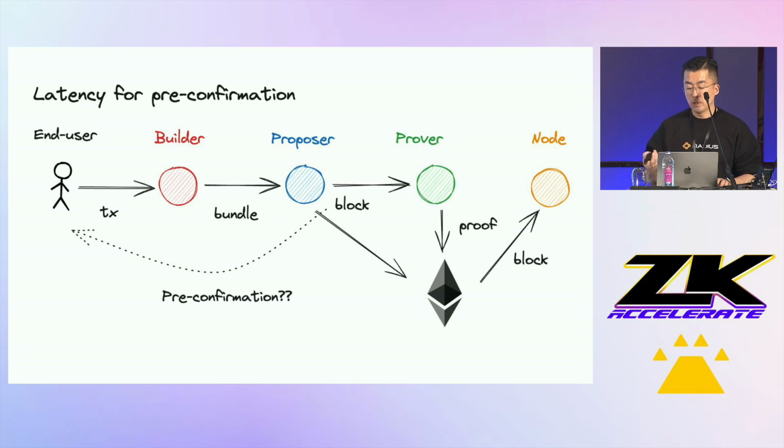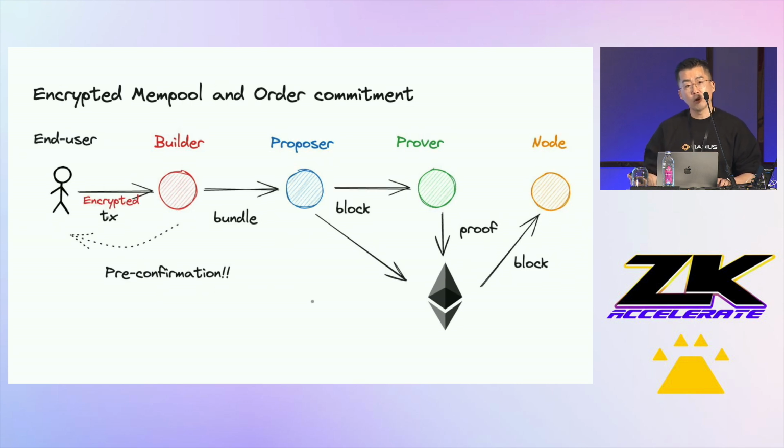In Radius' approach, that's where the encrypted mempool and order commitment come in. With the encrypted mempool, end users encrypt their transactions, so builders cannot see the contents of the transactions. Builders should respond to the user with some kind of order commitment saying that your transaction will be included in a specific order of the next block.